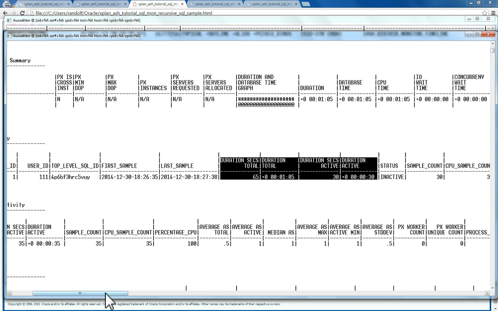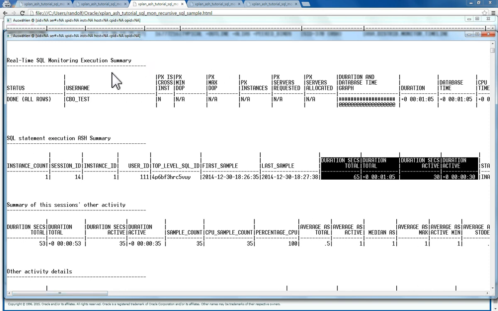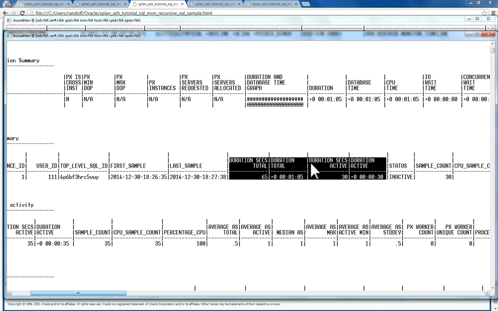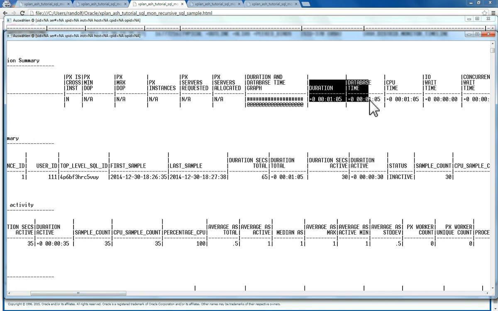Since we have in this case the real-time SQL monitoring summary, we can actually tell that it is about recursive activity, because the duration and the database time recorded in the real-time SQL monitoring tells us that the whole execution duration is covered by actual database time.